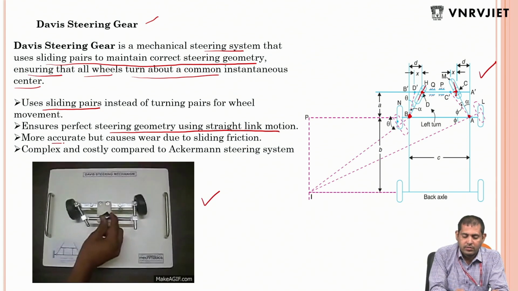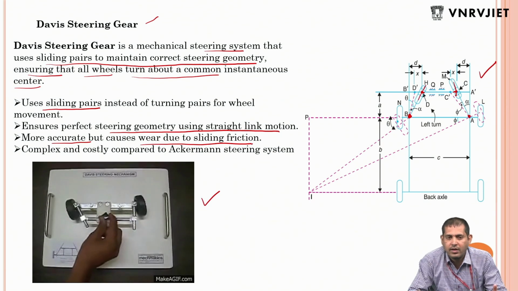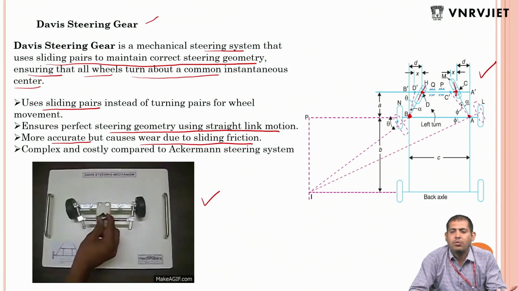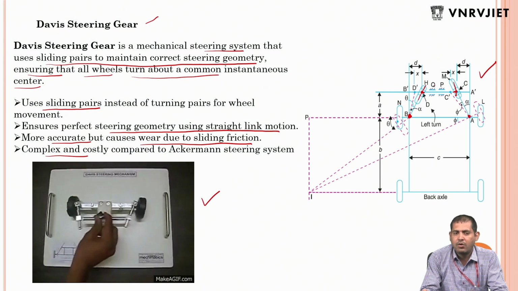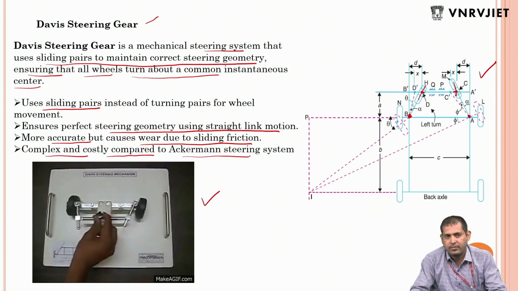It is more accurate but causes wear due to sliding friction. If sliding is there, definitely there will be more friction. It is a little complex, because we have to maintain cylinders and slider guideways. And when it is complex, it is costly as compared to the Ackermann steering gear.